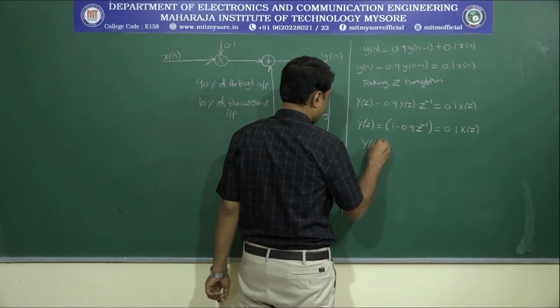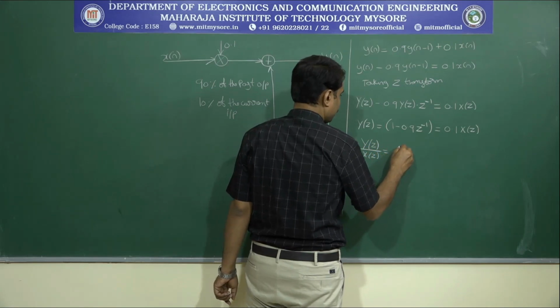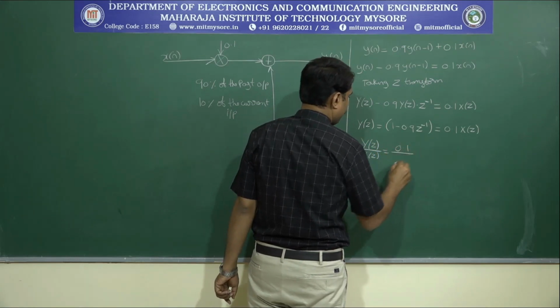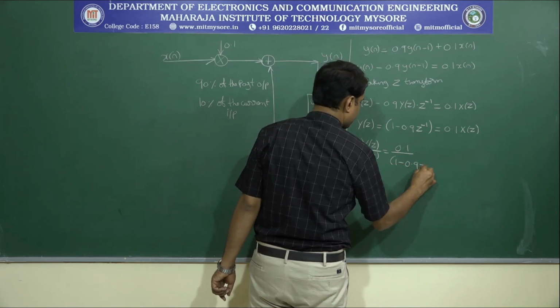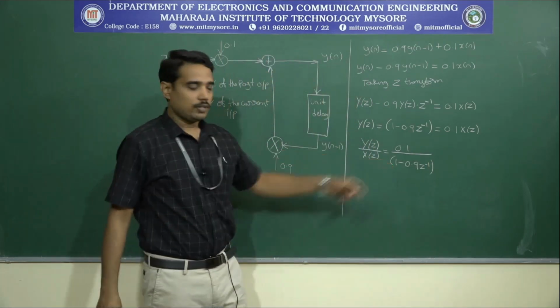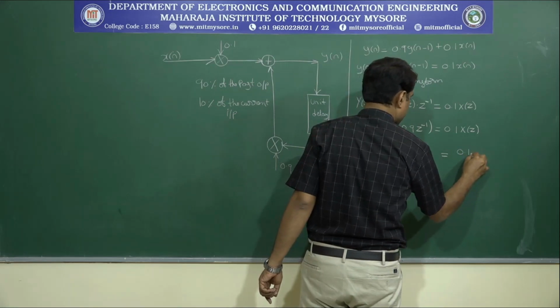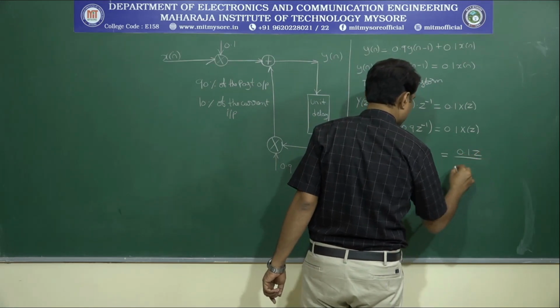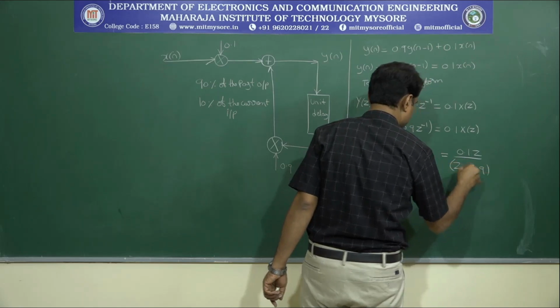Then y of z by x of z gives the value of 0.1 upon 1 minus 0.9 z inverse. If you further simplify, this becomes 0.1 into z over z minus 0.9.